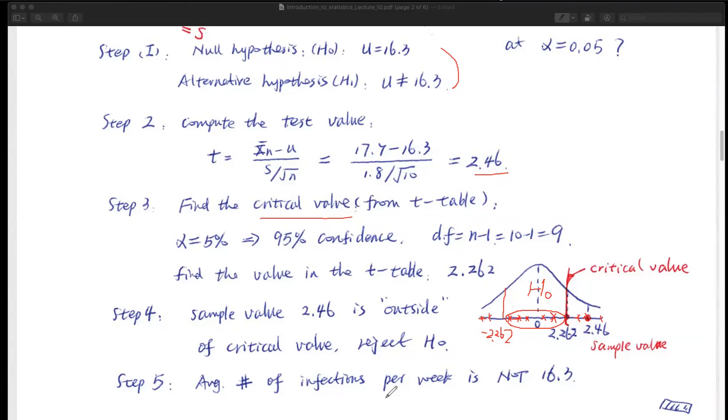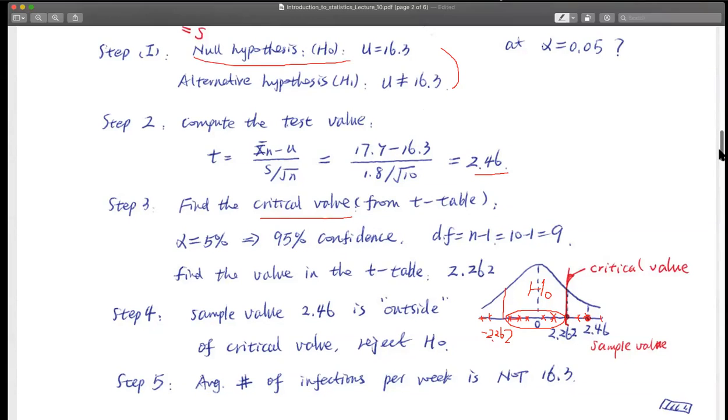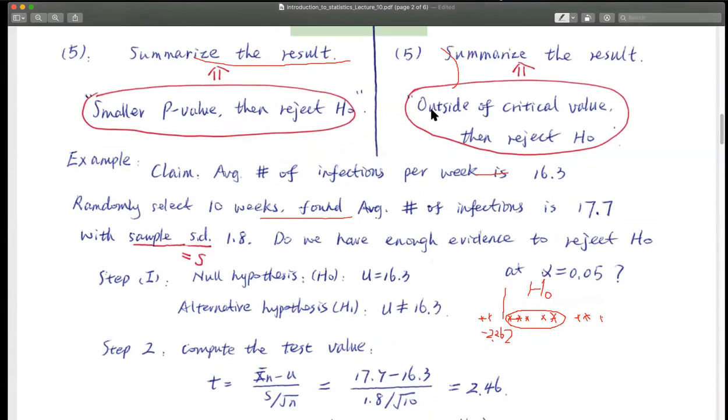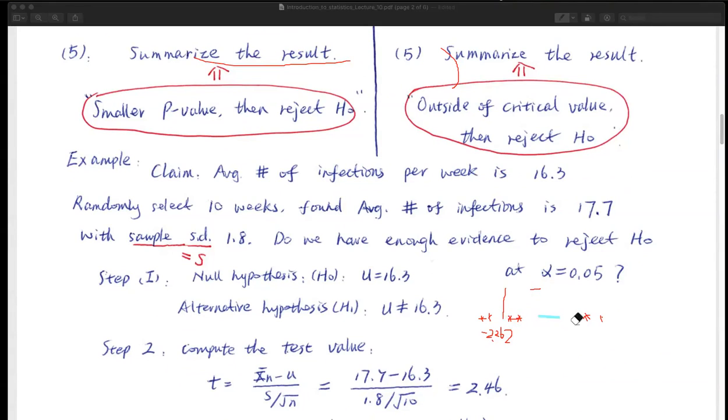So reject H0, what's step number 5? Summarize. Reject H0 means H0 is not right. That means the average number of infections per week is not 16.3. Follow me?